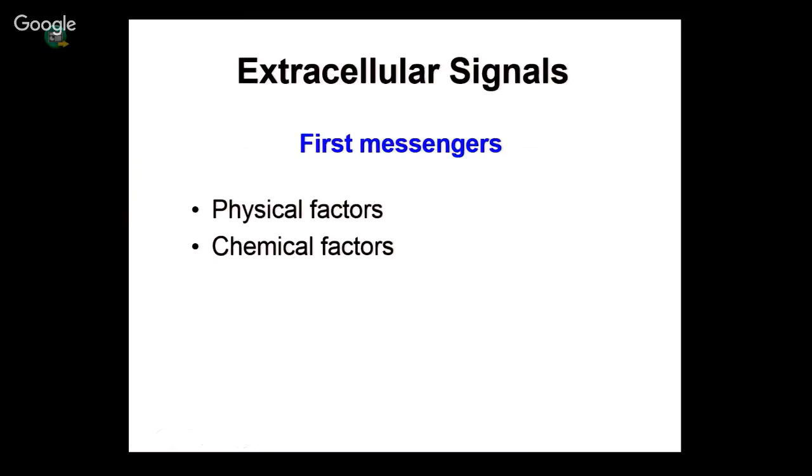So basically, so far we know about extracellular signaling, including physical factors and chemical signaling. People know a lot about chemical signaling, but how about the physical factors? How can the cell sense physical factors? This field is not well studied, but people are beginning to have great interest in it.